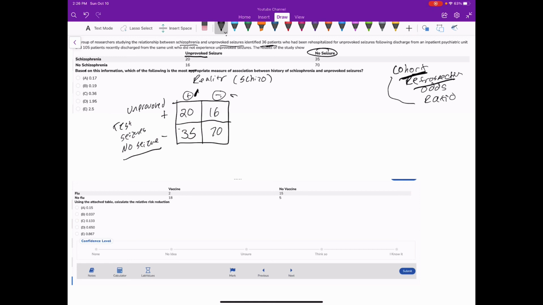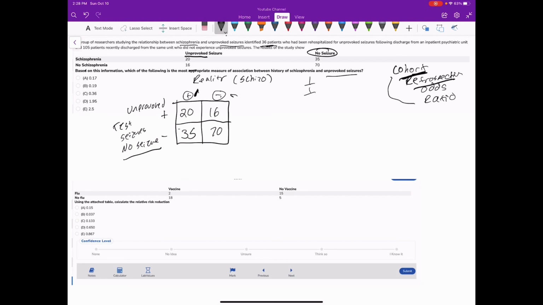Okay, so now we have our box. They're asking for the appropriate measure of the association between history of schizophrenia and an unprovoked seizure. So they're probably asking us for odds ratio. That's the only thing I could really think of. So how can we do that? All we have to do is our odds ratio calculation, which we know how to do.